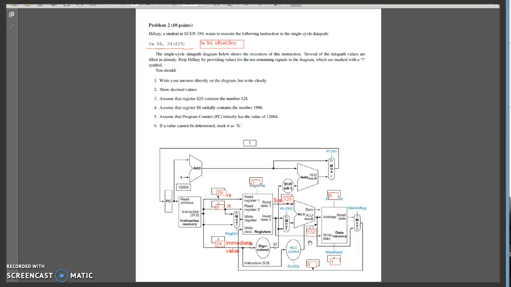Alright, the only box left to fill out now is this one up here. This whole top part is just the program counter.